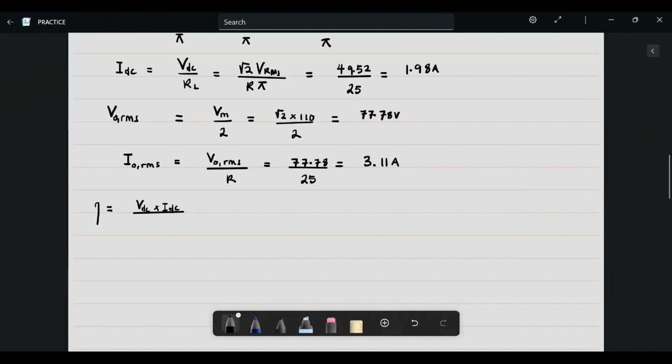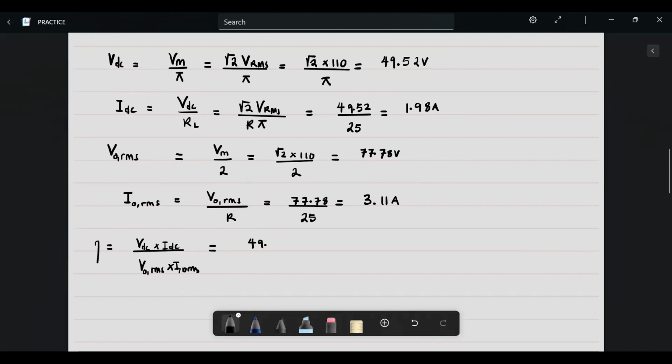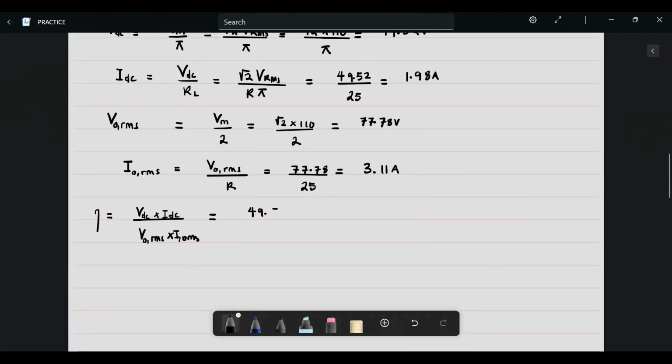So this is the output RMS voltage times the output RMS current. VDC was what? 49.52. IDC was 1.98. And here we have 77.78 times 3.11.